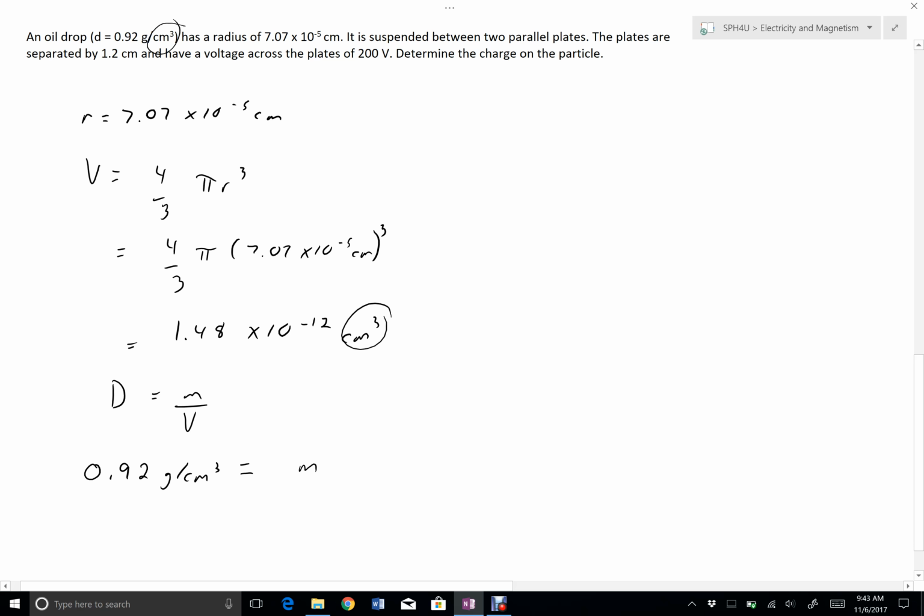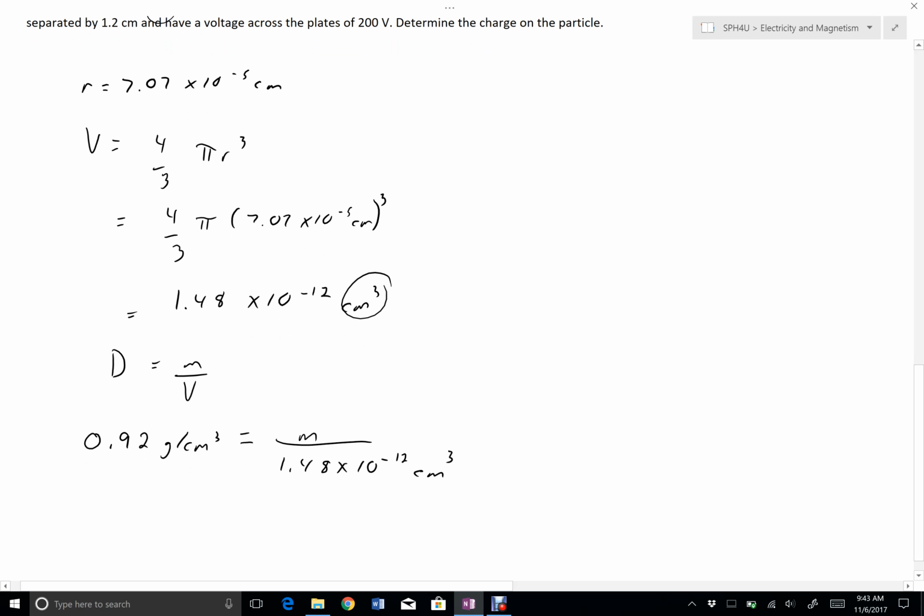That way it will be in agreeable units and get me my mass without having to change any units here. So times 0.92 is what that works out to be, and my mass then is 1.36 times 10 to the negative 12 grams.